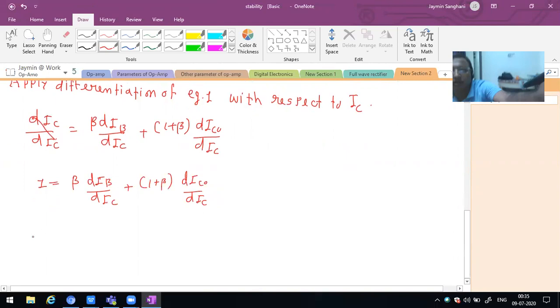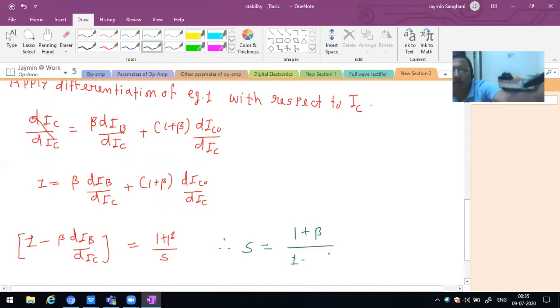So 1 minus beta dIB by dIC is equal to (1 plus beta) divided by S. So S equal to (1 plus beta) divided by (1 minus beta dIB upon dIC).